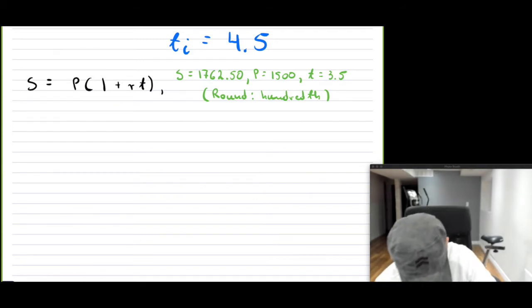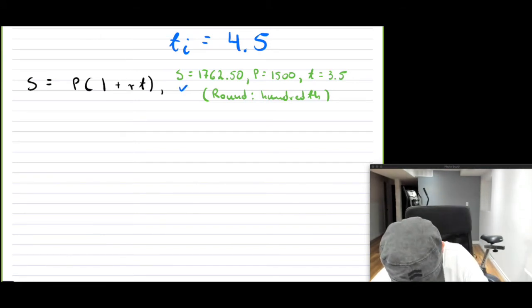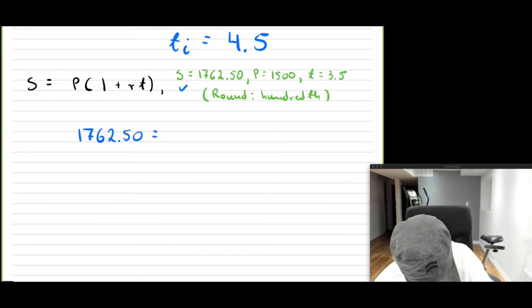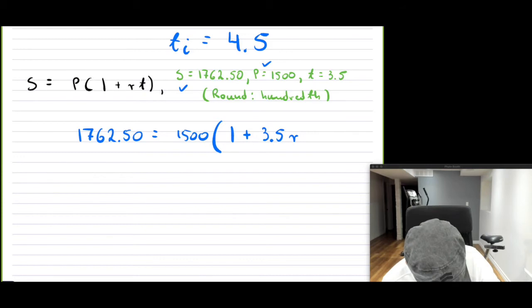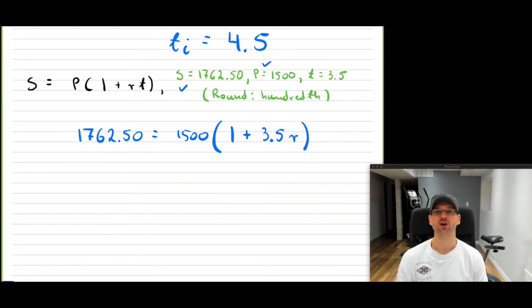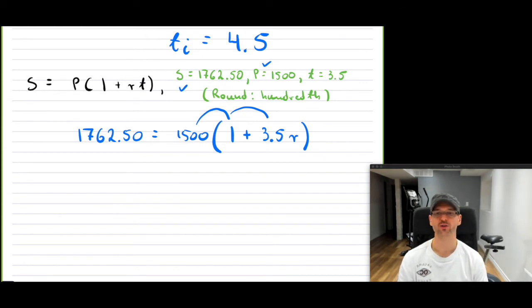Okay, so let's continue on this side. I have S, so I'm going to substitute it in, 1762.50. I have P, so that's 1500 times 1 plus, I do not have R, I do have T, so T, 3.5, times R. And now I'm going to be solving for R. Again, I can bring this inside of the brackets, that's one of the things I could do.